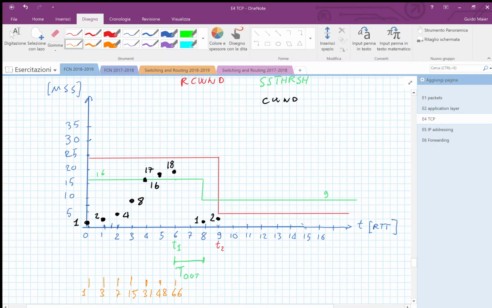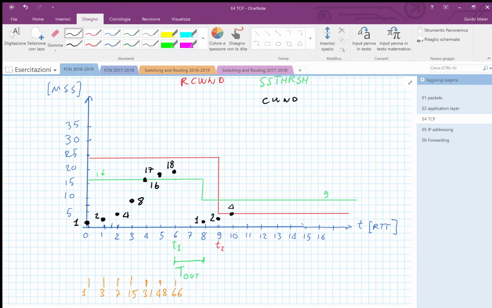So here we have 1, 2, and next time slot we should be at 4, okay, and in fact we go to 4. The next time slot we are still in slow start, so the congestion window gets to 8.